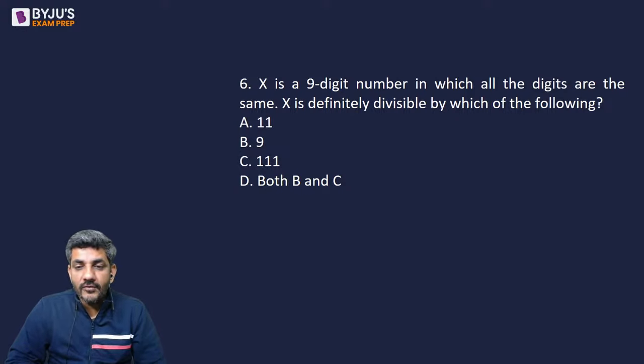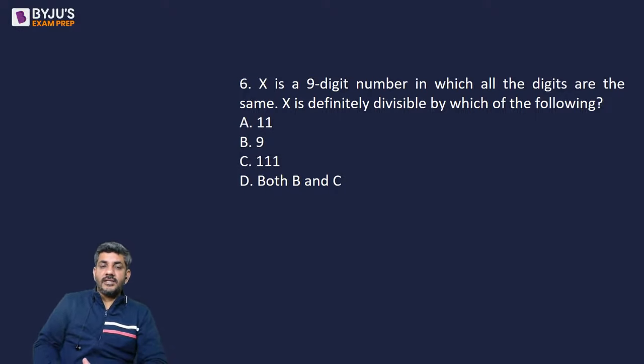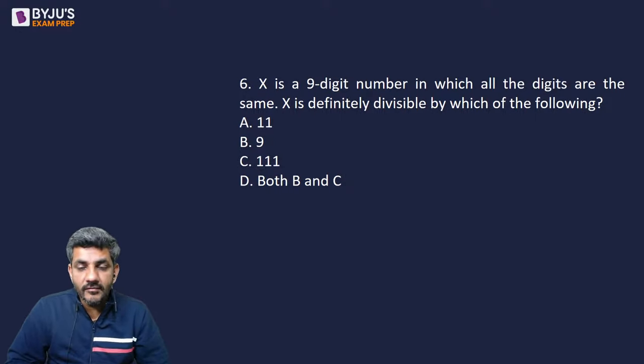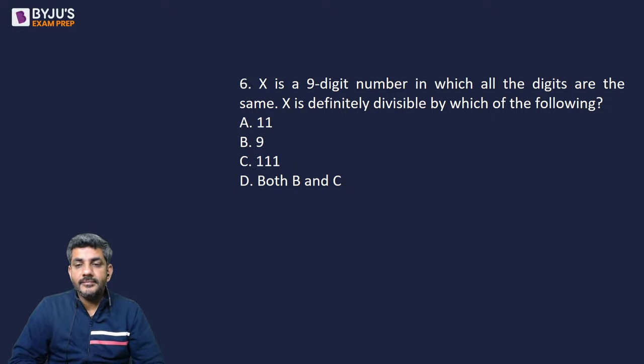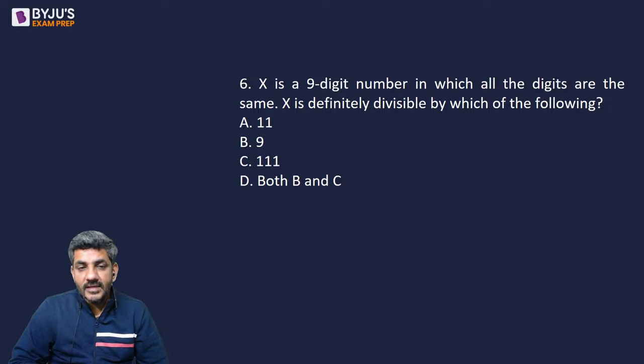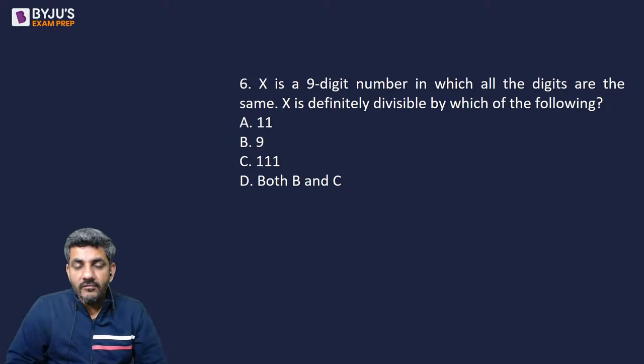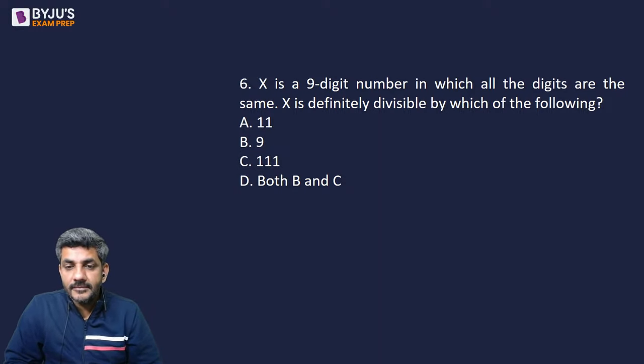Let us see how many of you answer question number 6 fast. X is a 9-digit number in which all the digits are same. X is definitely divisible by which of the following? Tanu Singh has given the answer as D, both B and C. We got the first answer from Tanu Singh.